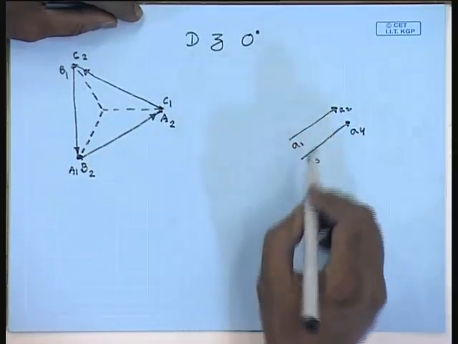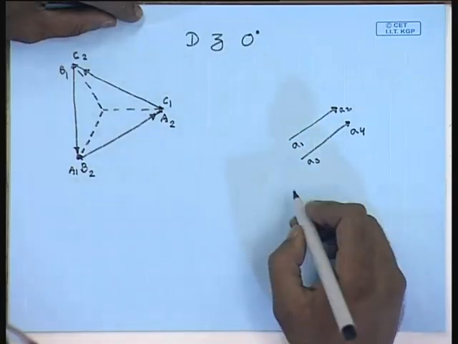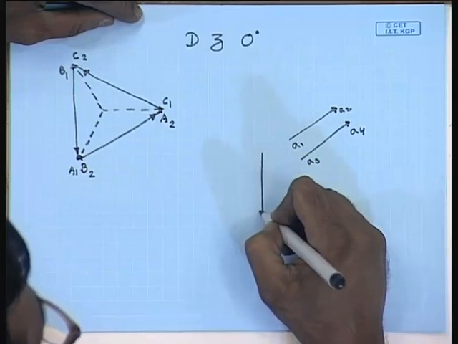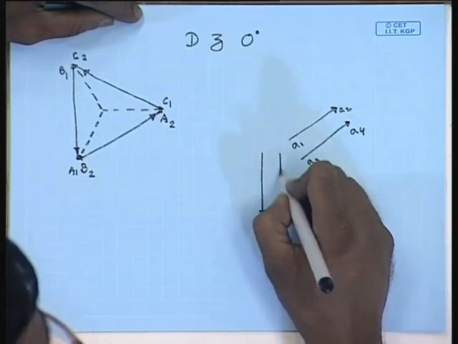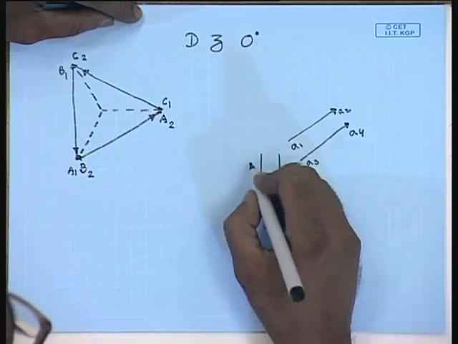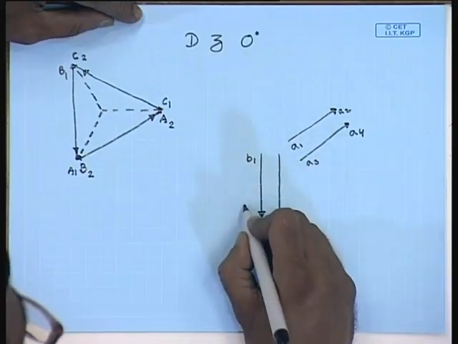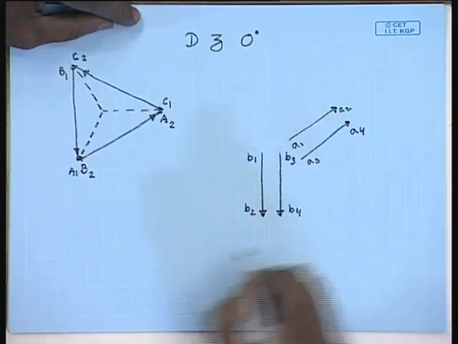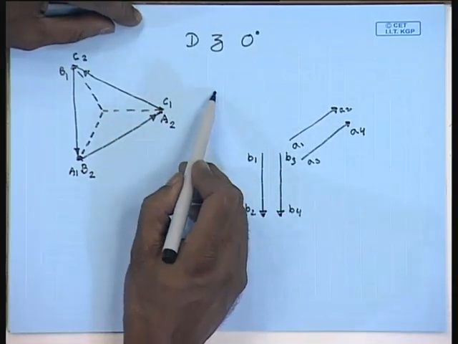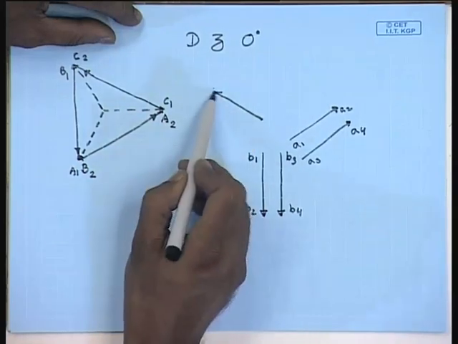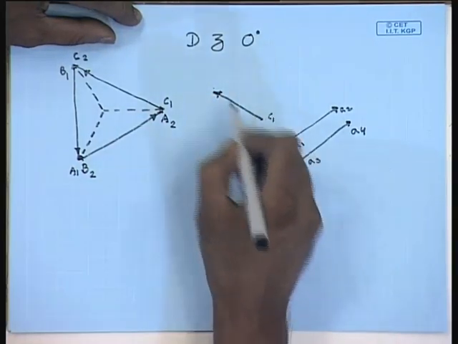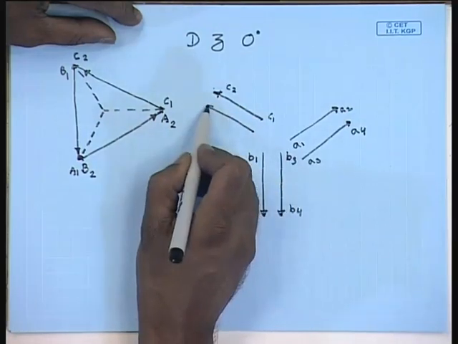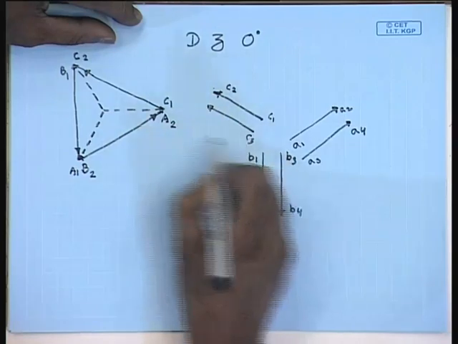Similarly, there will be two voltage phasors b1 b2 and b3 b4 and two voltage phasors c1 c2 and c3 c4.